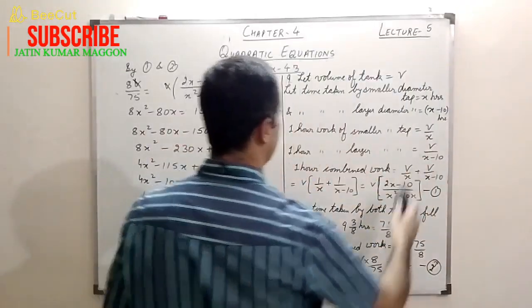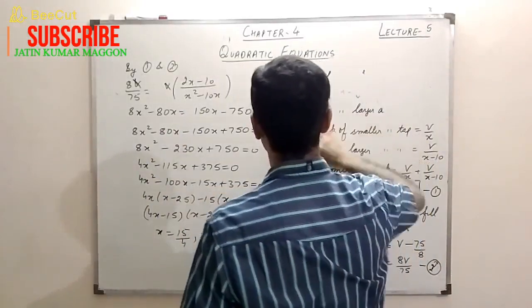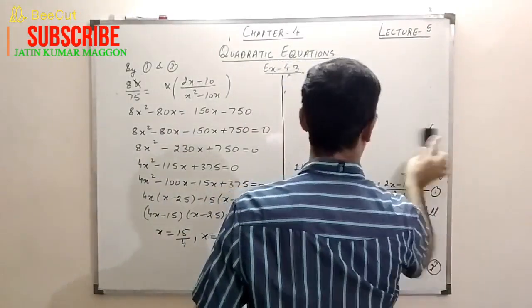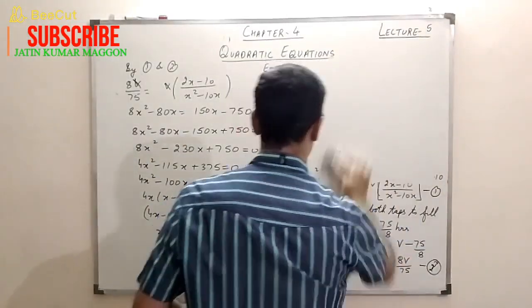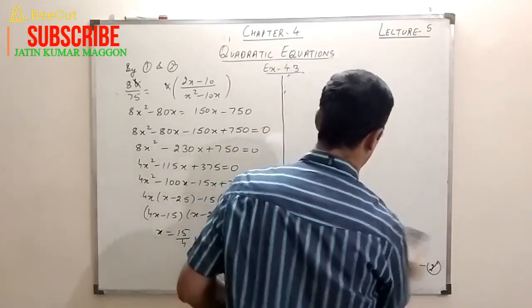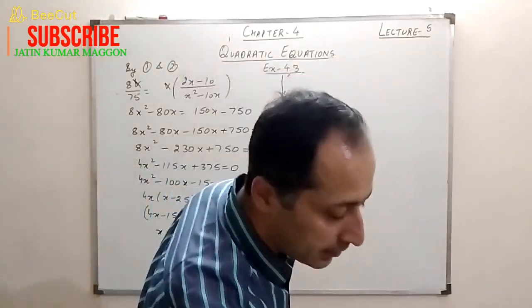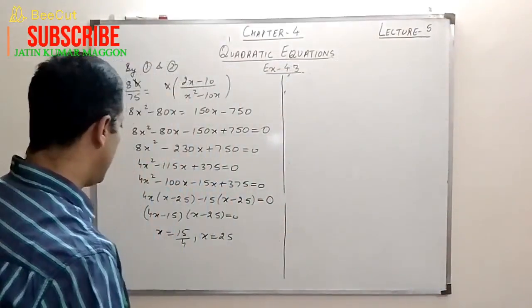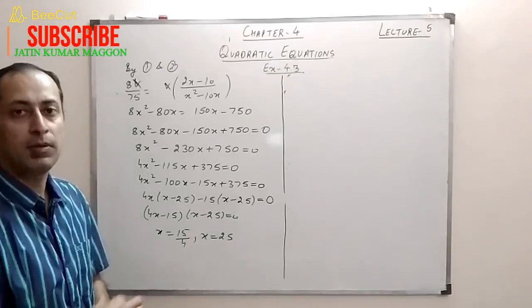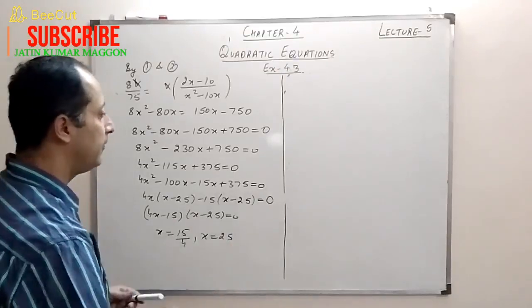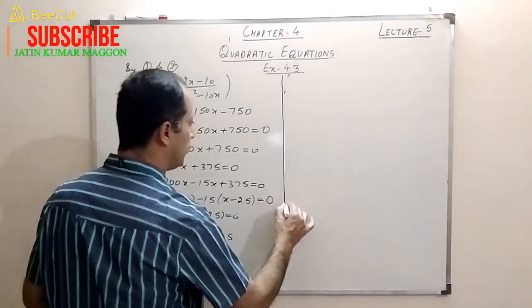Now if I take x equals 15/4, see, it's a time and work question. So anything which is coming negative, we have to reject, right? So here both the values are positive, so they are valid, but let's find the other value also, because we have to find the time of both the taps.